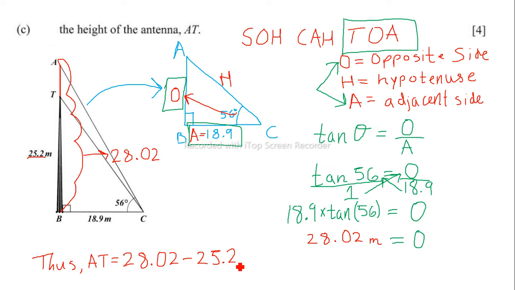What does that give us? 2.82. Very good. So the height of the antenna is 2.82 meters.